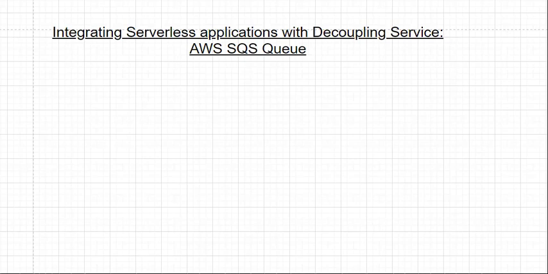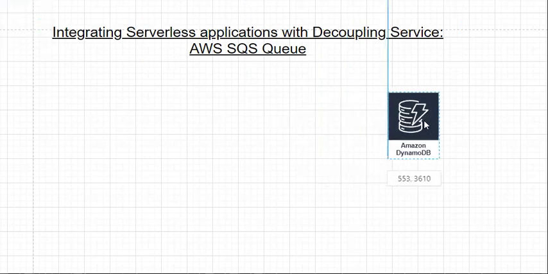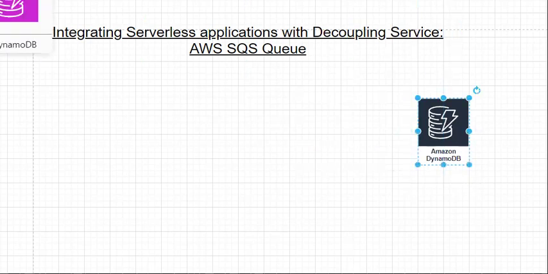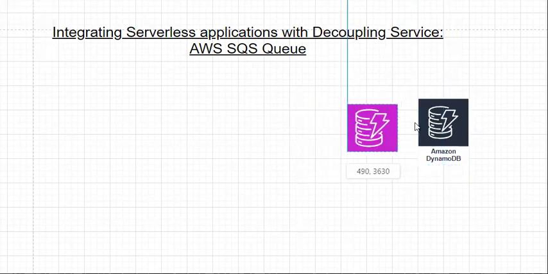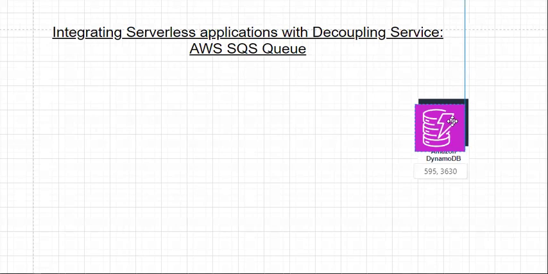Now, what I am expecting is that I want to store that data inside a NoSQL database. For that, I have a service already available in AWS, that is DynamoDB.